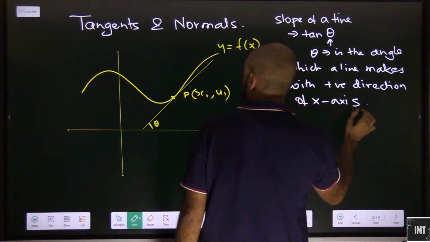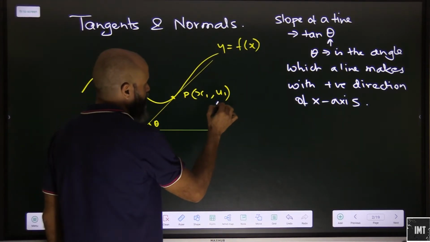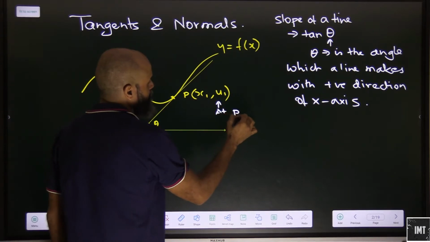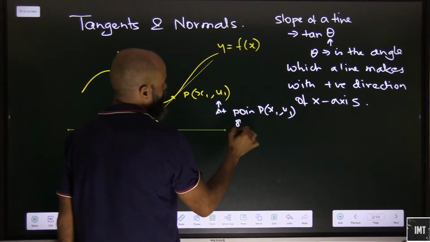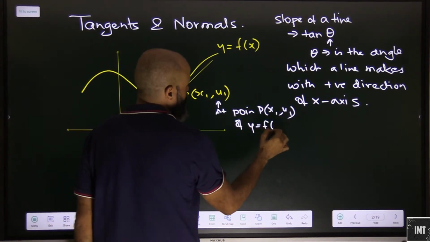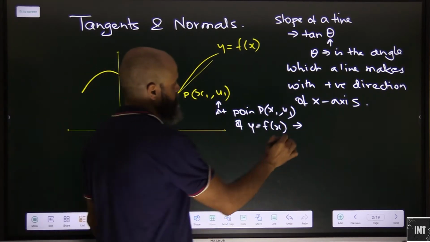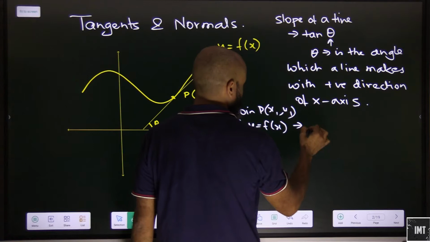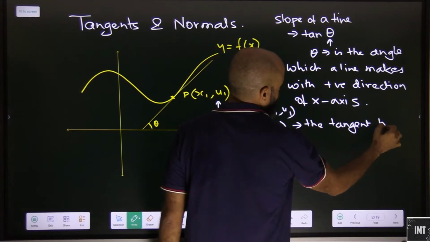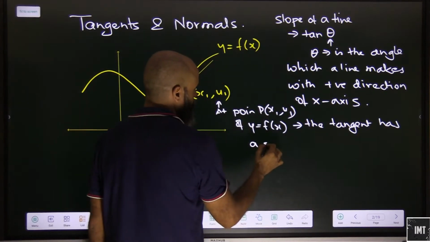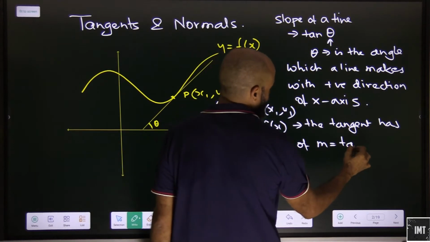So if we plot this, obviously this will be the tangent at point P (x1, y1). So we can say that at point P (x1, y1) of the graph y = f(x), the tangent has a slope of m, which is equal to tan theta.